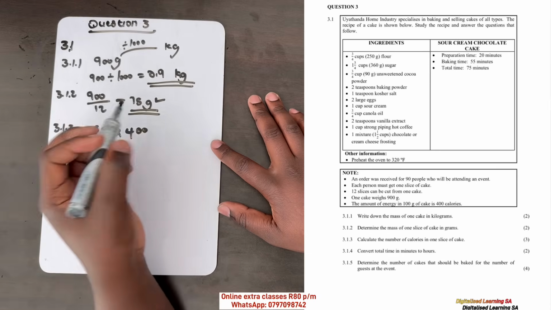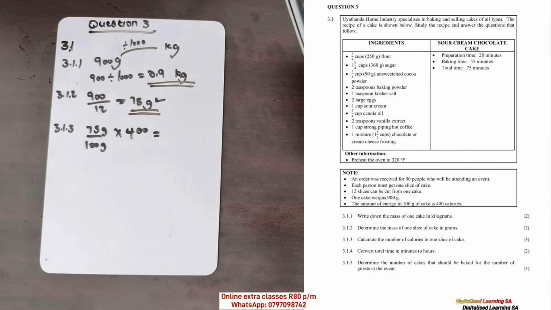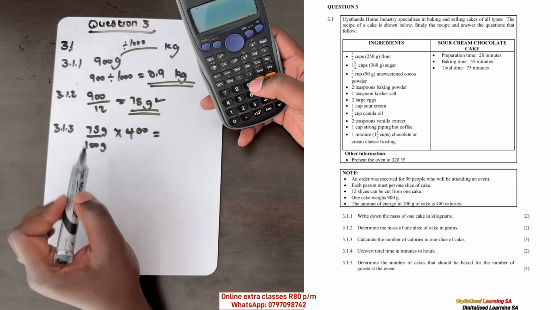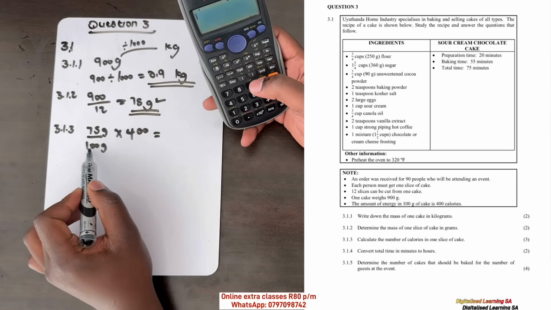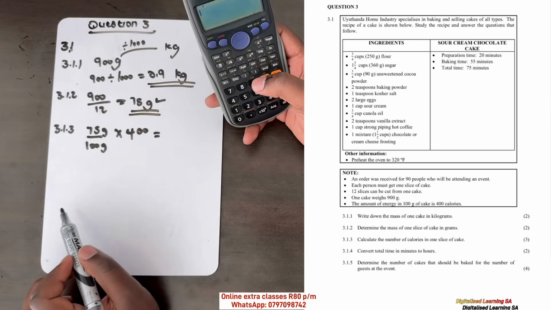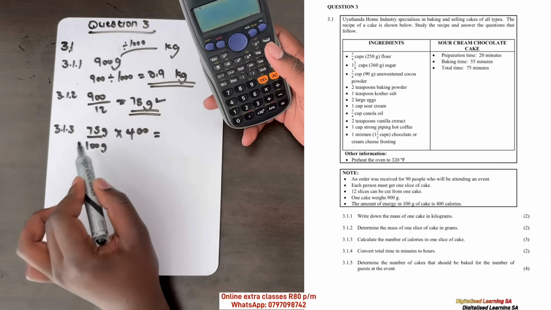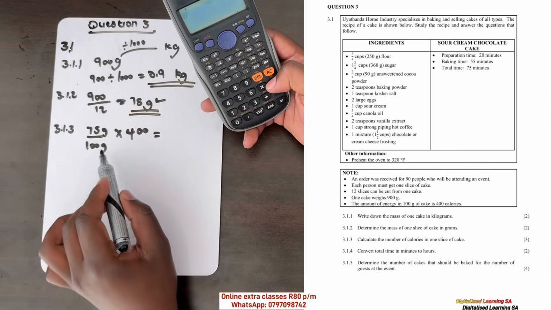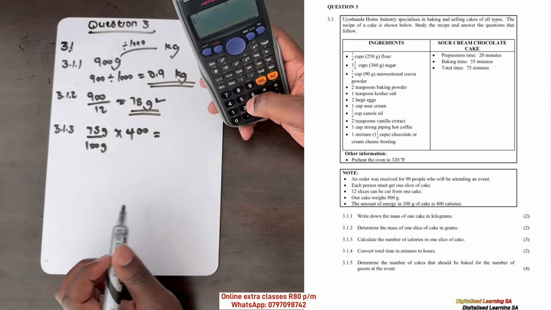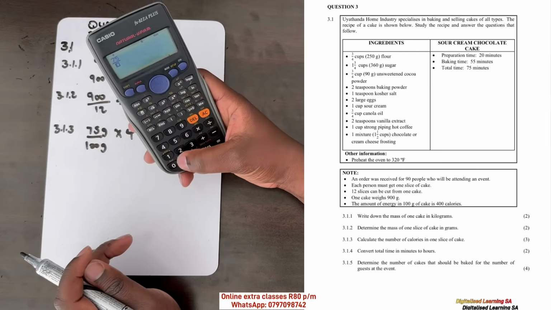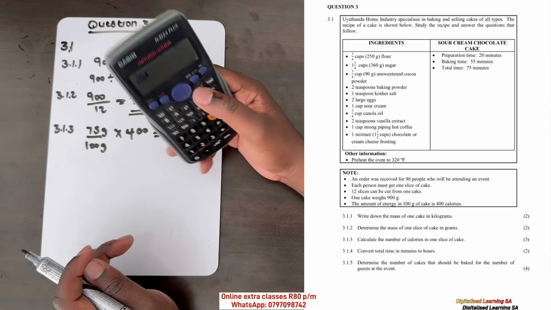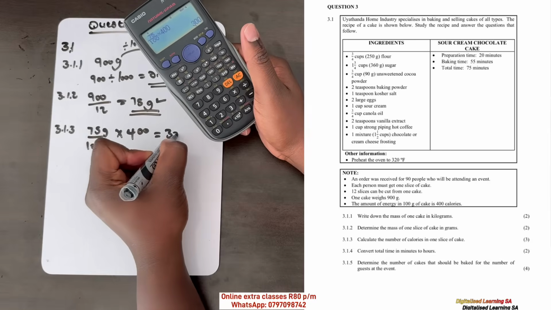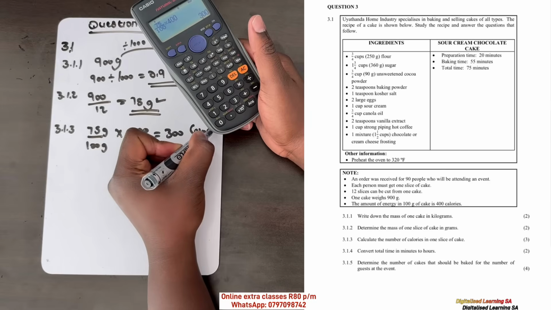Then we'll be able to see how many calories one slice of cake has, because we divided by 100 since we are told that 100 grams of cake has 400 calories. So we divide 75 by 100 to see the amount of calories 75 grams of cake has. So it's 75 divided by 100 multiplied by 400. The answer will be 300 calories.